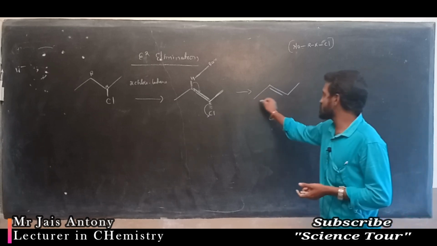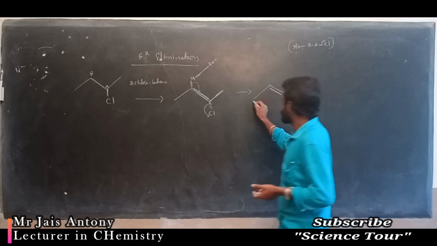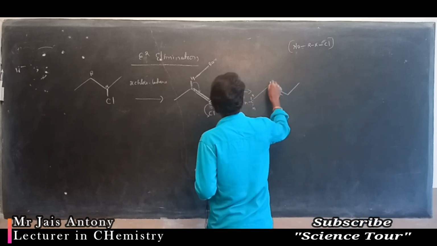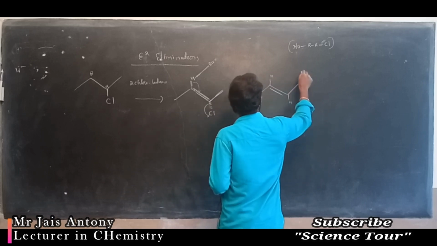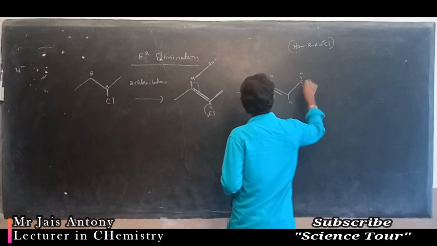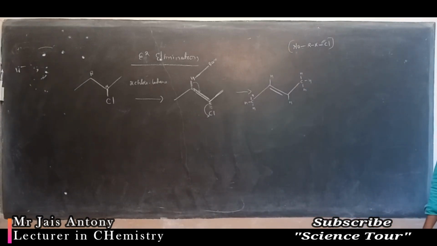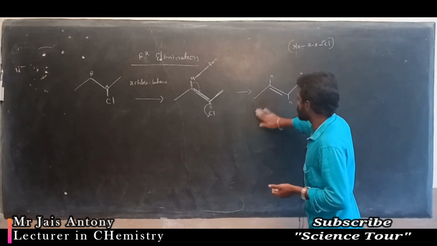Alkene, here CH3 is there, here CH3, CH2, CH2 like this, here alkene. If you want I can write this. Alkene, correct? But-2-ene, you are getting as product, understood?